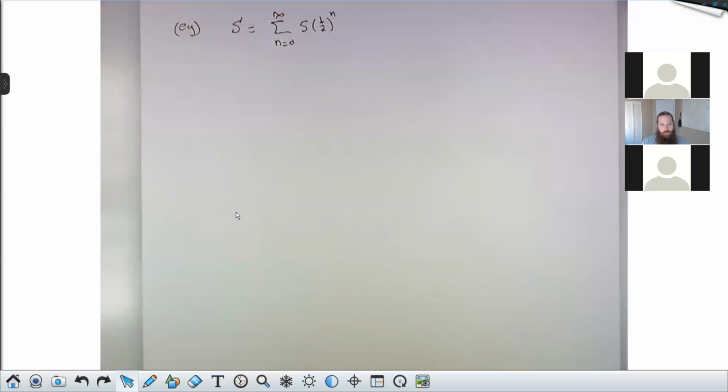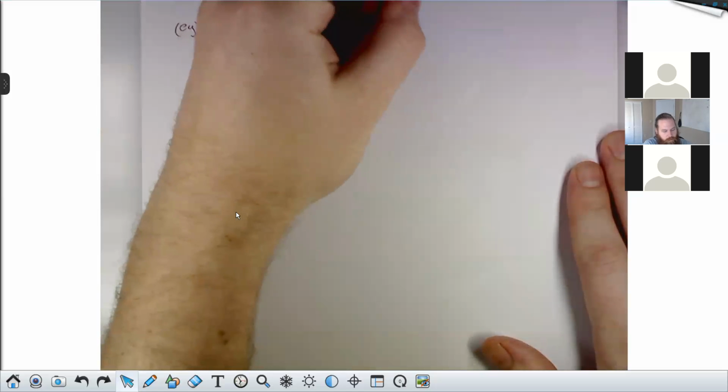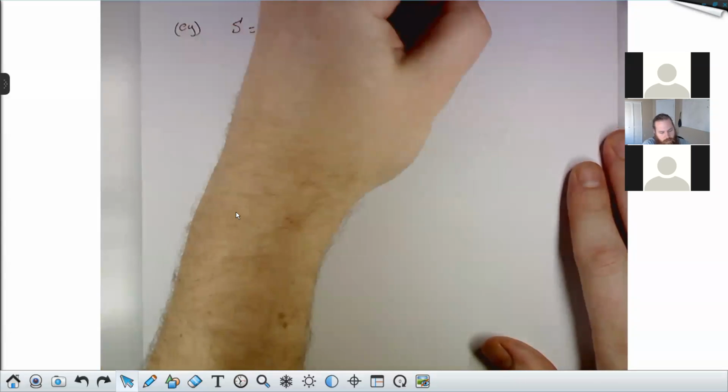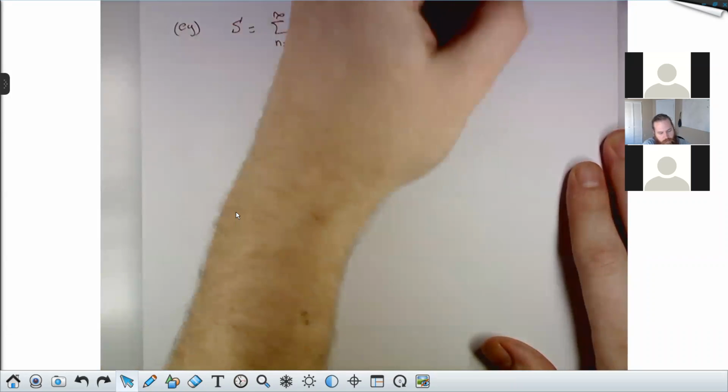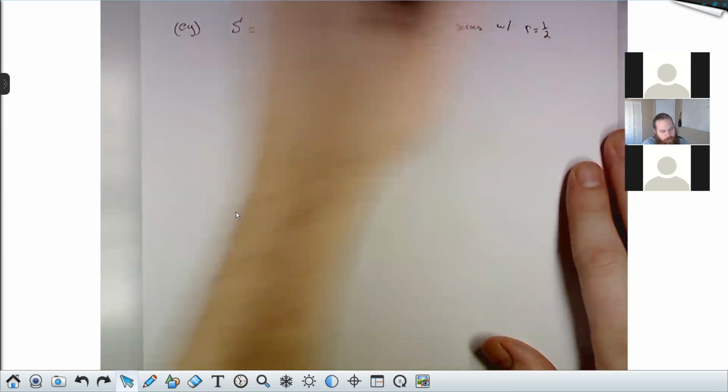And by writing out the partial sums, we were able to guess that this series converges and has value 10. Well, this is a geometric series. And r here is 1/2.